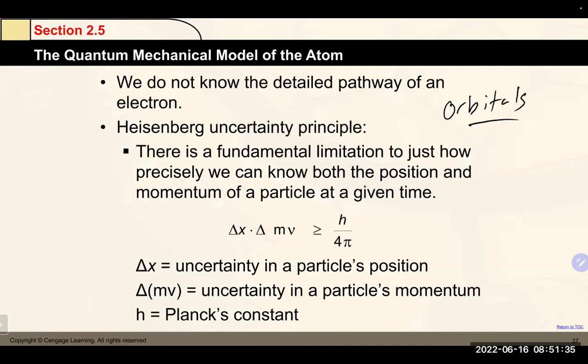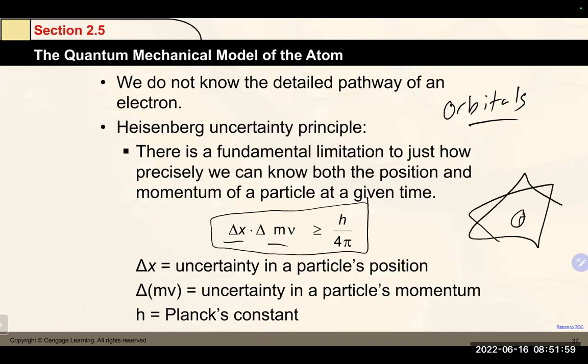The more you understand about where it's at, the less you know about how it's traveling. And that's really what this equation is: the change in position times the change in momentum is greater than or equal to h over 4 times pi. We're never going to use this in terms of a calculation, but this is the basis behind the idea of electrons moving in a pretty random pattern about the nucleus.